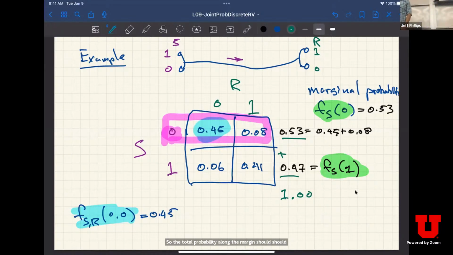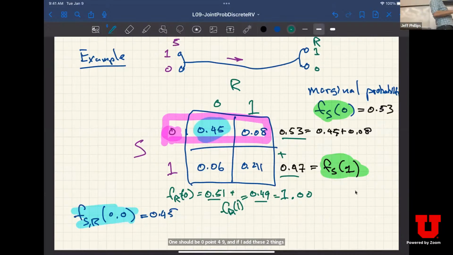And it's true if I do it for the probability of r, right? So f of r equals 0 is going to be 0.51, and f of r takes on the value 1 should be 0.49. And if I add these two things up, I'm also going to get 1. So if I add up along the margins, put the numbers in the margins, those should also add up to 1. So I can do this in either direction in the table. This seems pretty straightforward.